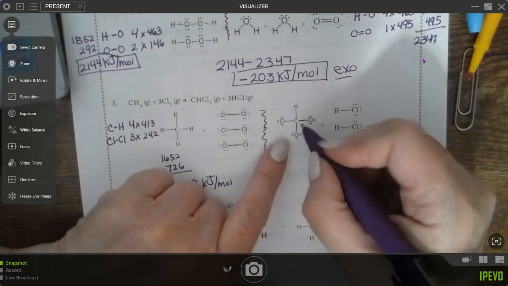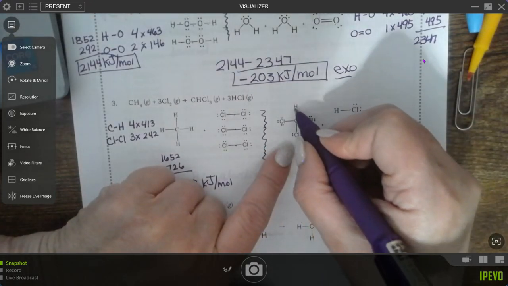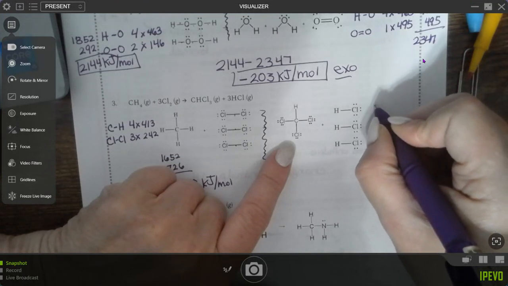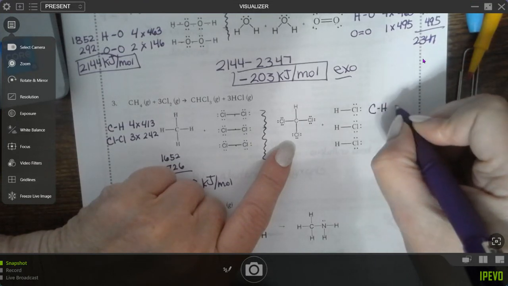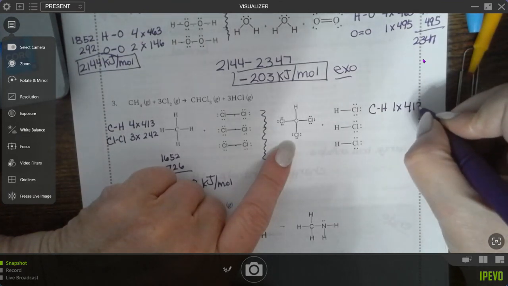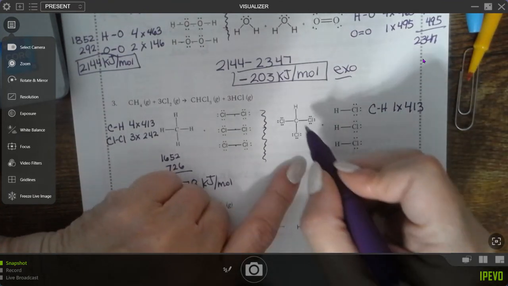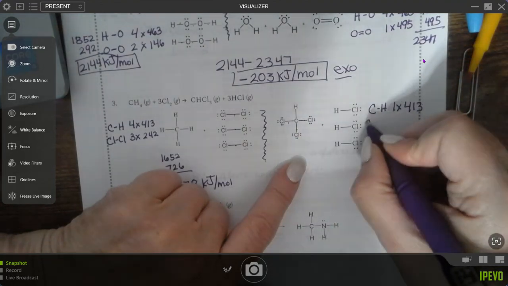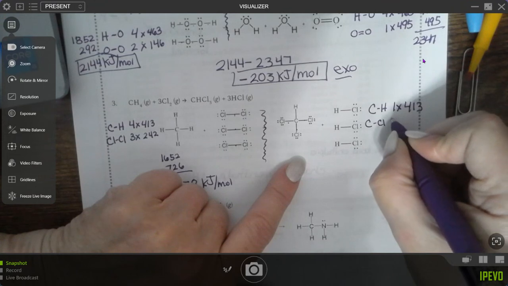I am going to make, oh, check it out, carbon. I have one carbon-hydrogen, which is 413. I have 1, 2, 3 carbon-chlorines.